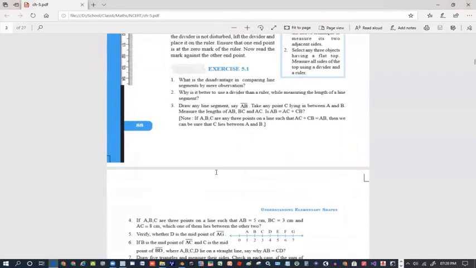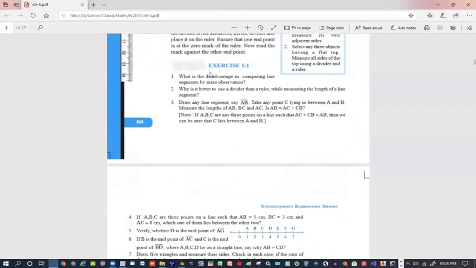Okay, so this was the theory. Now start exercise 5.1. What are the disadvantages in comparing line segments by mere observation? Tell me the disadvantages. Disadvantages are like it cannot give the exact measurement.